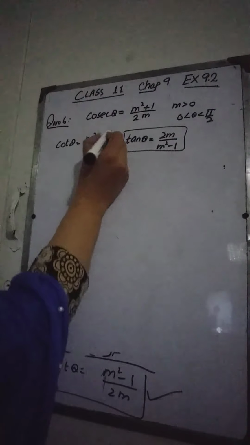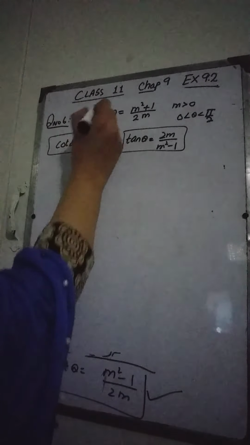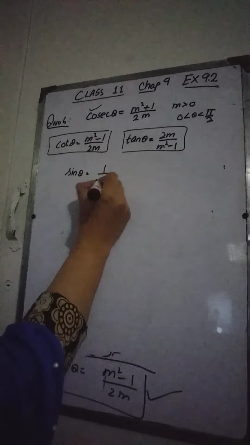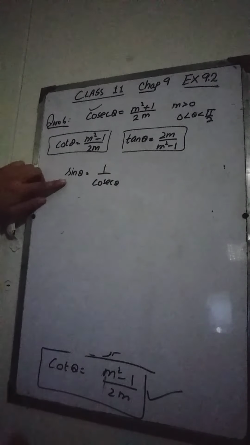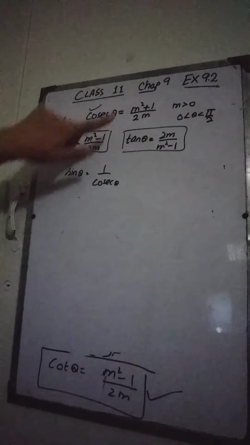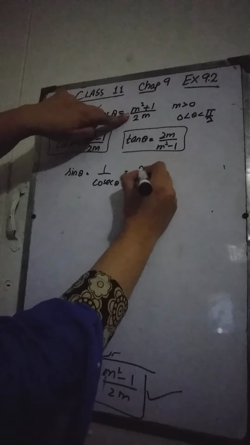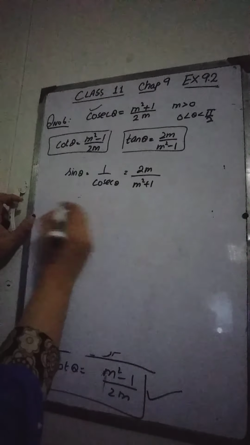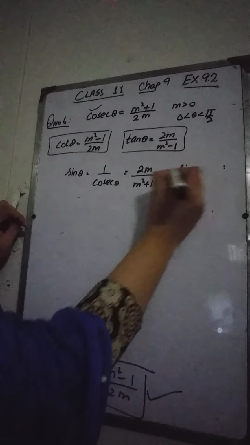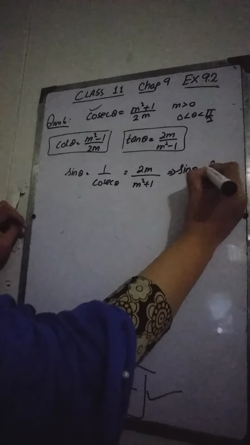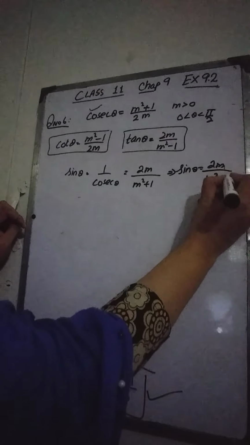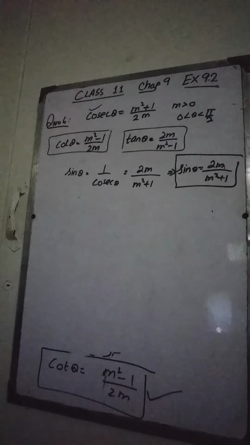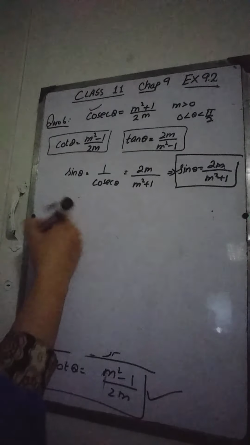So cot theta is known to us, tangent theta, cosecant theta, and we know that sin theta is the reciprocal of cosecant theta. Cosecant theta is equal to this expression, so sin theta will be just the reciprocal of it. It means that sin theta will be 2m over m square plus 1. So the only trigonometric ratios which are left are cos theta and secant theta.